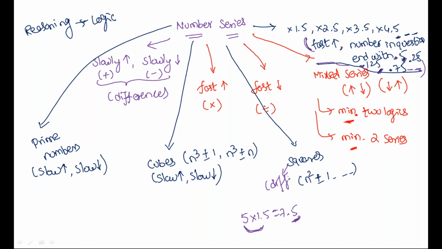But prime numbers is very difficult while solving the question. Cubes, finding the logic is very difficult. Into 1.5, into 2.5 is also difficult. Mixed series, while seeing the question, you can just think about that. Increasing and decreasing happen, so you can identify a mixed series.